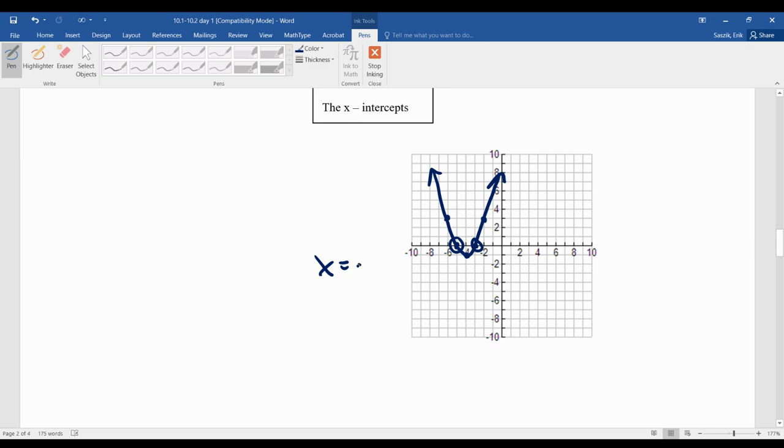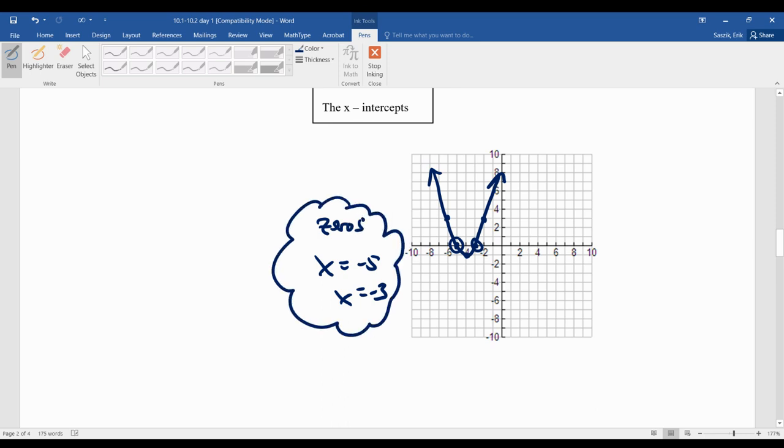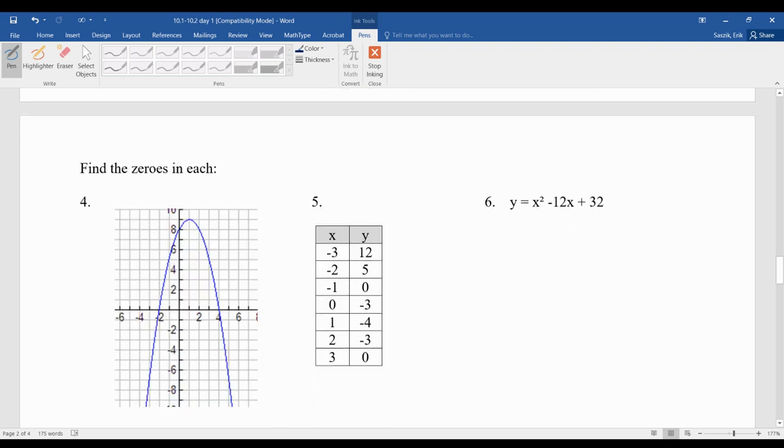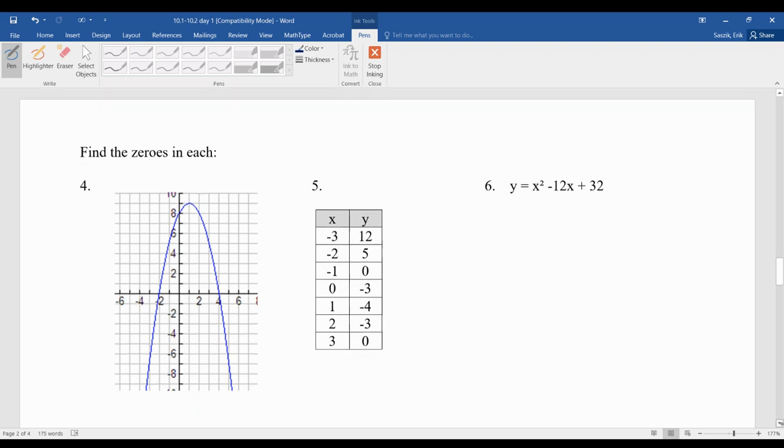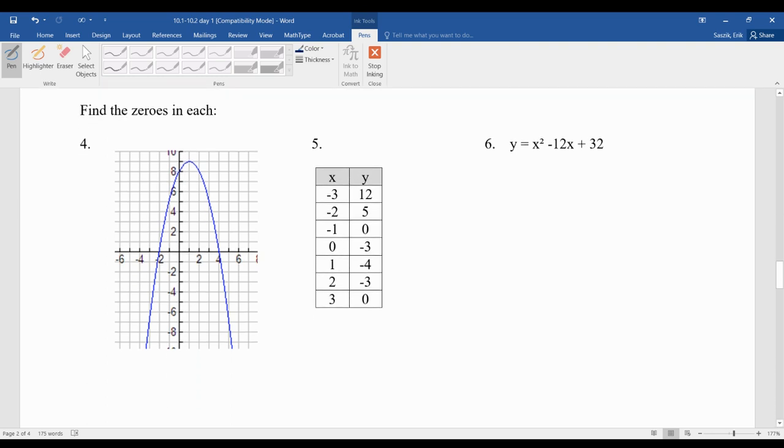So x equals -5, x equals -3. That would be the zeros. All right. So you should try to do this yourself on this. Pause this. Do this yourself right here. I'm going to talk through it quickly now. This one here, boom, I have disappearing ink here. But that would be x equals -2, x equals +4. Those are my zeros. Yeah, see the ink disappeared.